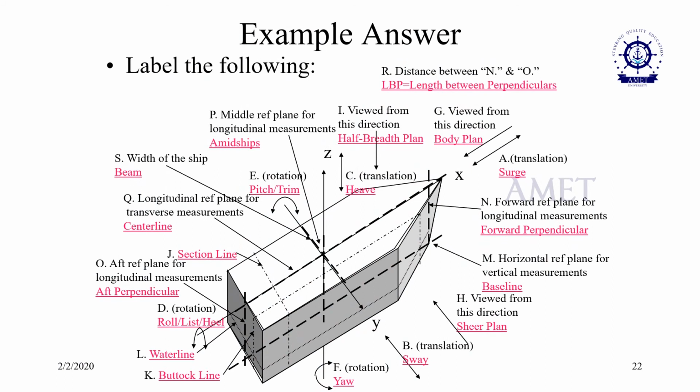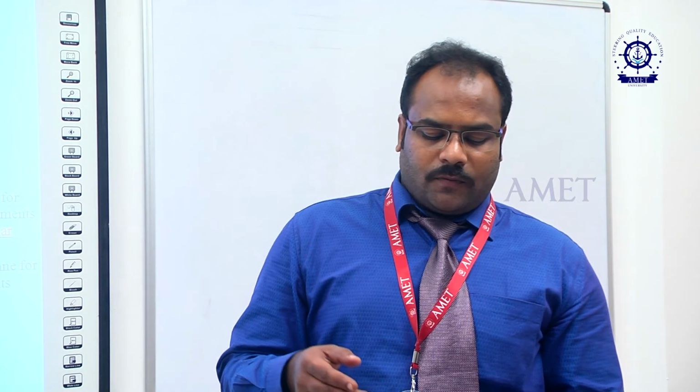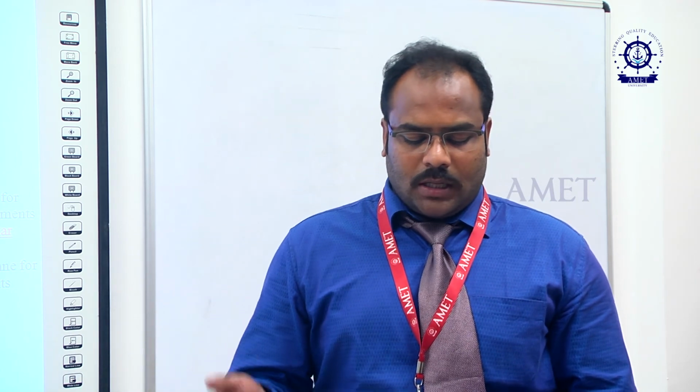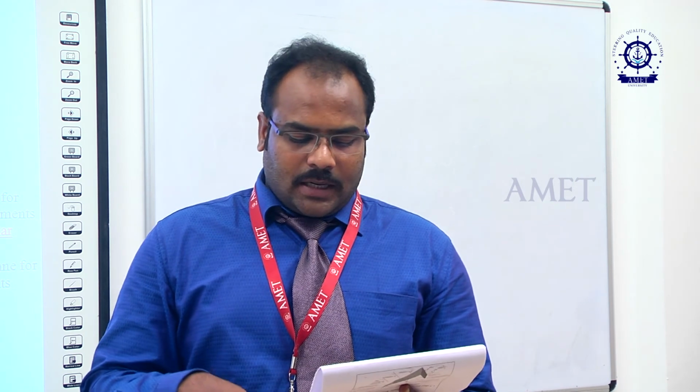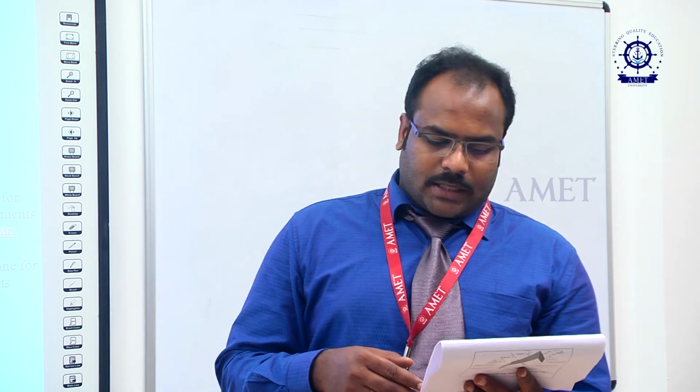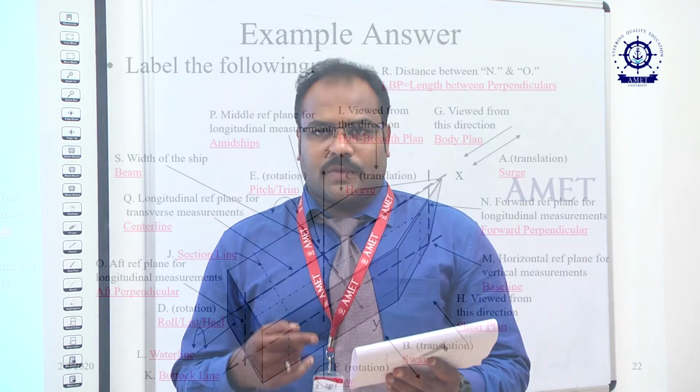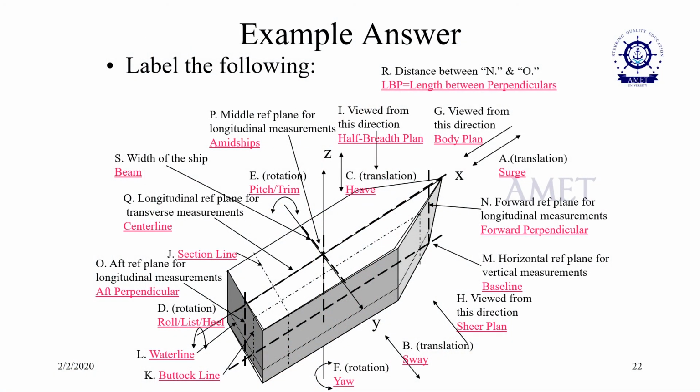At the midship, we measure the maximum breadth, as we saw in the previous slide. Now, the forward reference plane for the longitudinal measurement is your forward perpendicular. The horizontal reference plane for the vertical measurement is your baseline, and H, viewed from this direction, is your sheer plan.